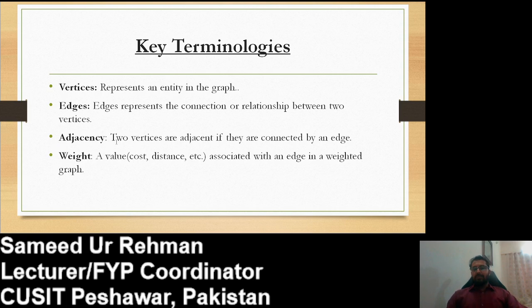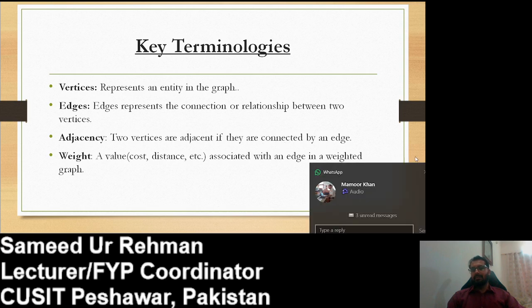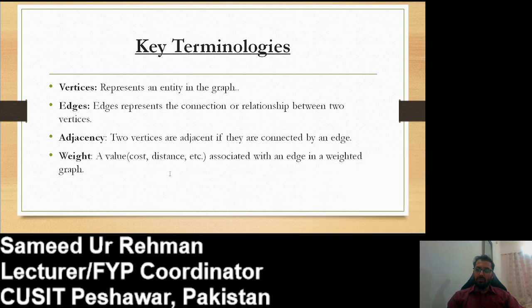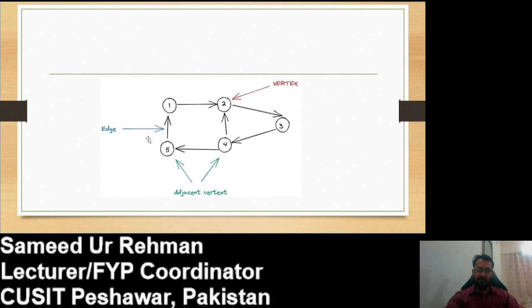Adjacency: two vertices or two nodes are adjacent if they are connected by an edge. For example, we can consider this graph. This is one node, this the second node. 1, 2, 5, 4, and 3 represent the nodes, the endpoints. The relationship between them is called edges, as mentioned.